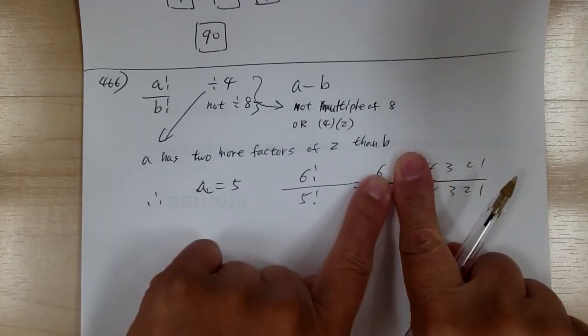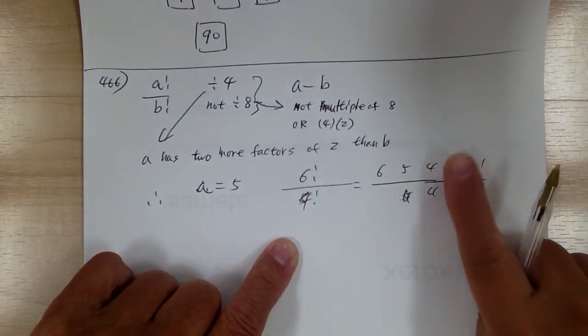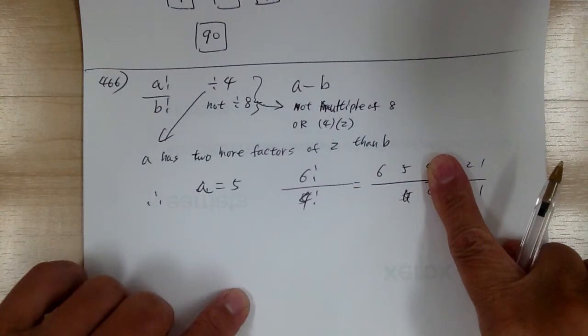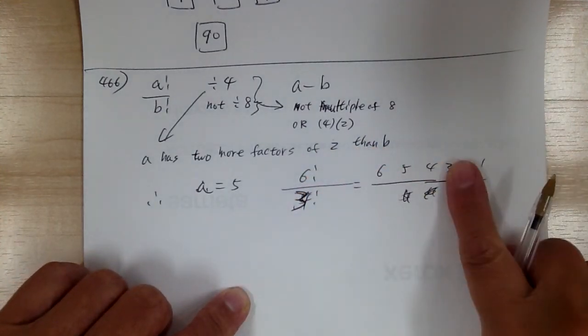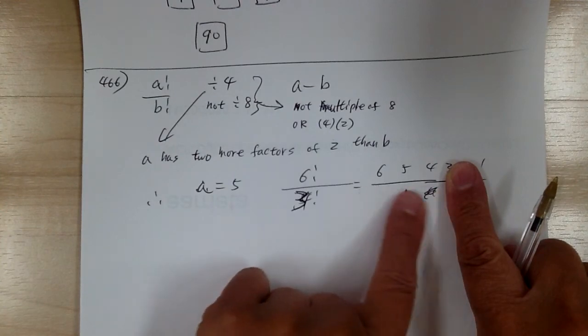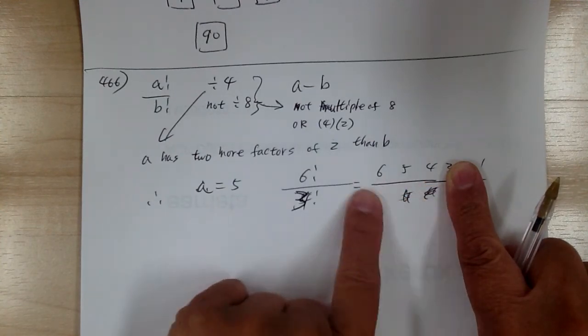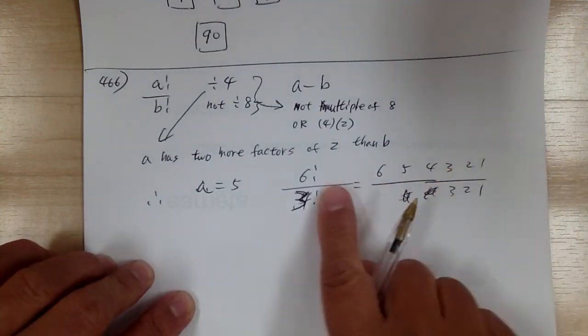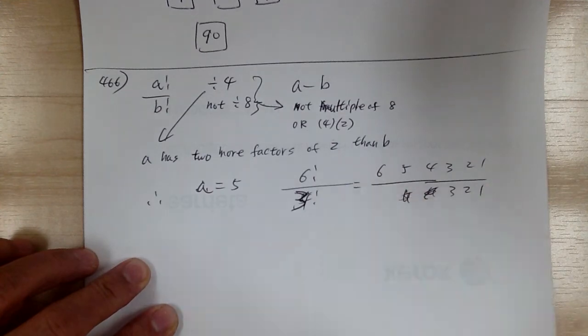Then you're going to have a 6, so it's not going to work. Now, if you have 4 over here, then this cancels, then again, it's not divisible, right? And if you have 3, then this cancels. Now you have too many 2's, right? So you got a 2 here, and you got 2 here. So this is going to be a multiple of 8. So therefore, you cannot have a 6. You're going to start to run into problems.